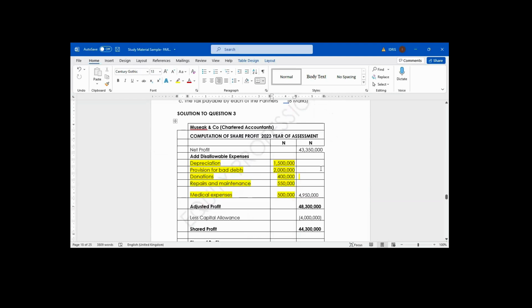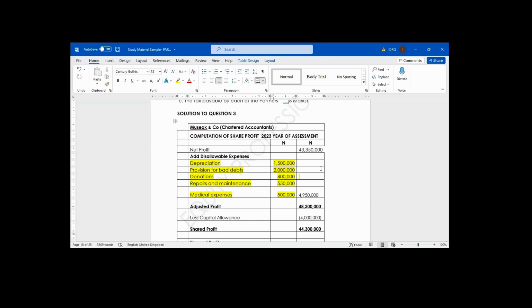Our net profit is 43,350,000, and we add back disallowable expenses. If we add back disallowable expenses to this net profit, how much do we get? 48,300,000.